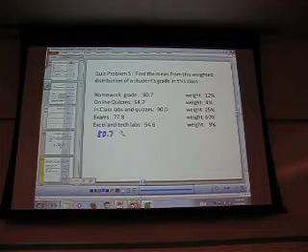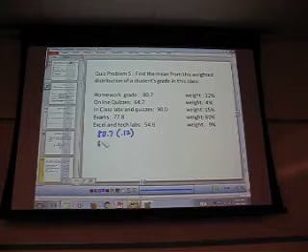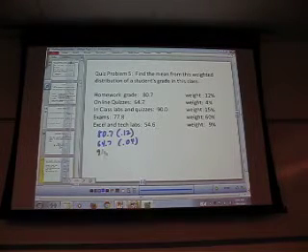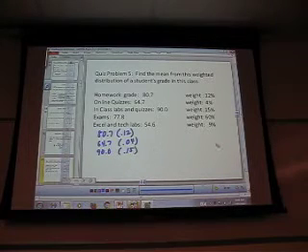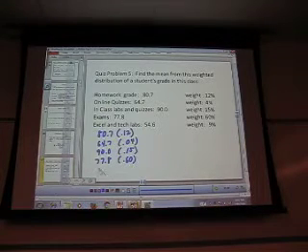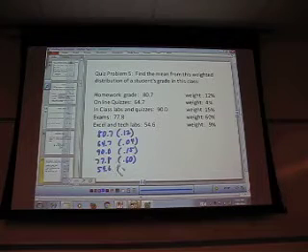I'm going to write that in decimal form, 0.12. 64 had a weight of 4%, 0.04. 90.0 had a weight of 15%, or 0.15. 77.8 had a weight of 60%, 0.60, and 54.6 had a weight of 9%.